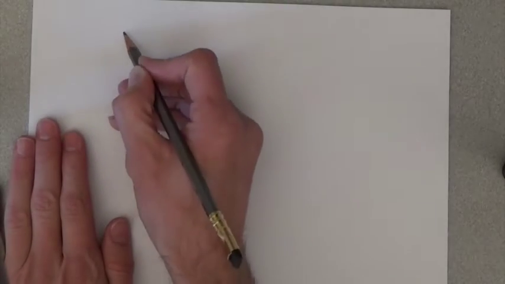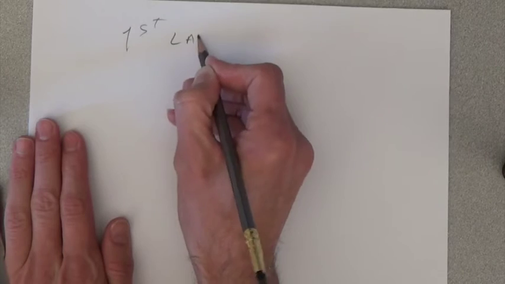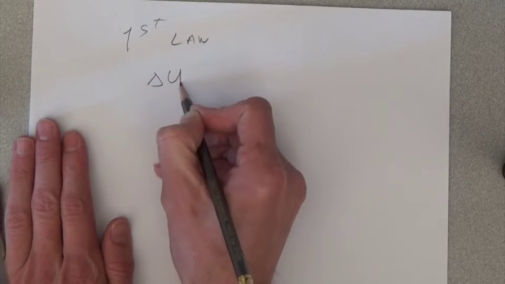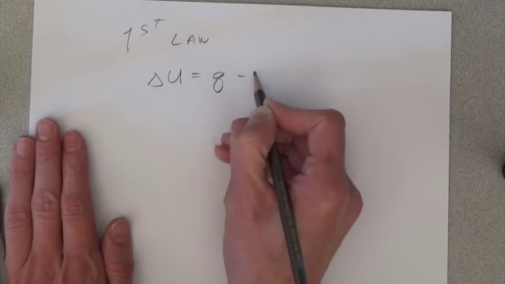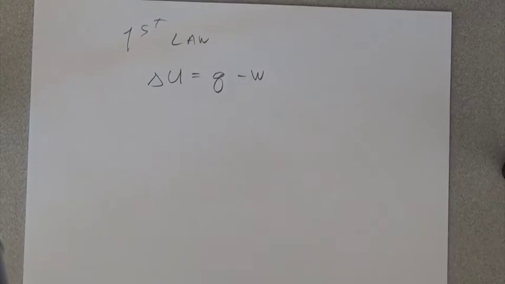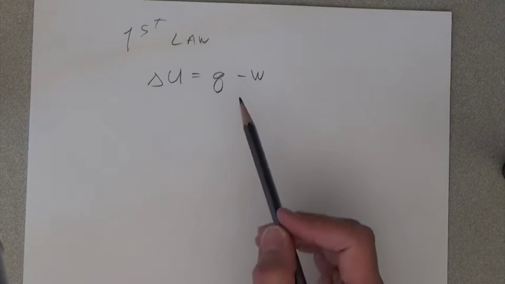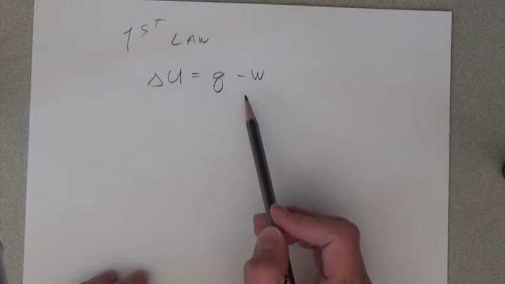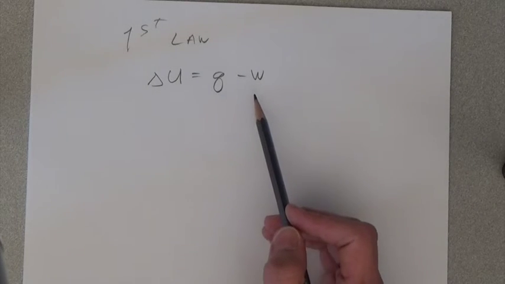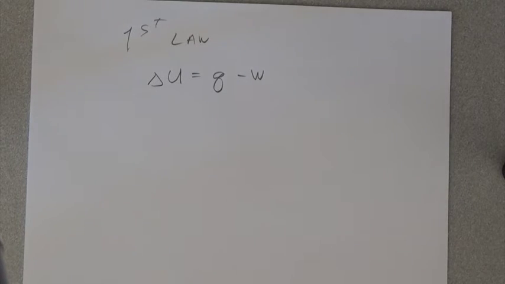To remind you where we left off on Wednesday, we had written out the first law of thermodynamics, which is basically that dU equals Q minus W, saying that the change in internal energy is equal to the heat that flows in minus the work that flows out, or is done by the system on the surroundings.